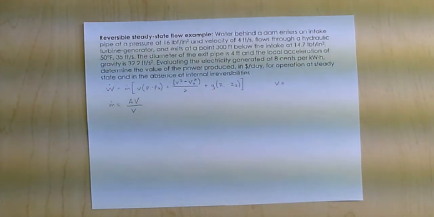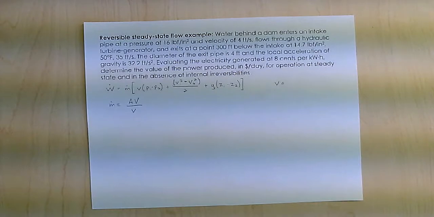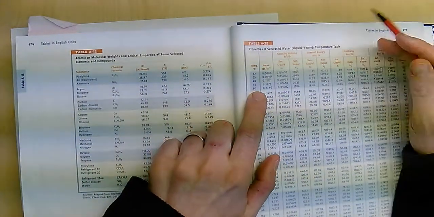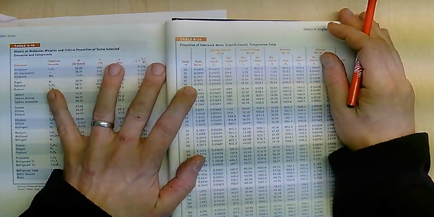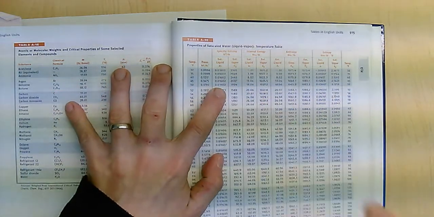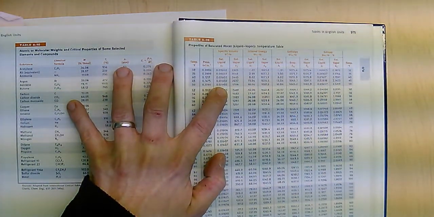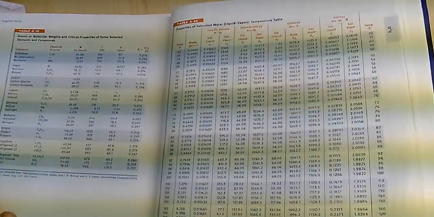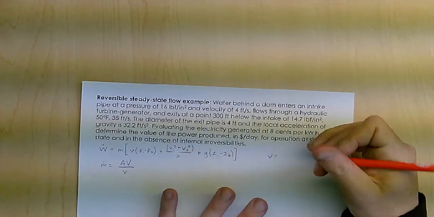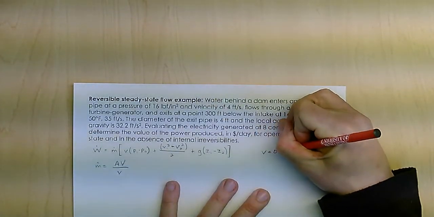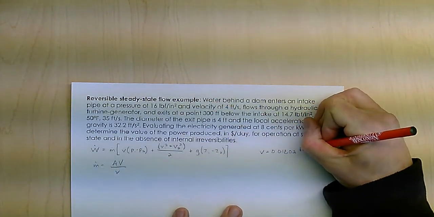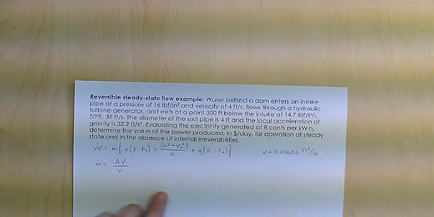So I'm actually going to use saturated liquid. Oops, I've got to use the English tables. So I use saturated liquid at 50 degrees Fahrenheit. That's table A-2. Here's my saturated liquid, 50 degrees Fahrenheit, and you can see that my volume is 0.01602, and that's cubic feet per pound.